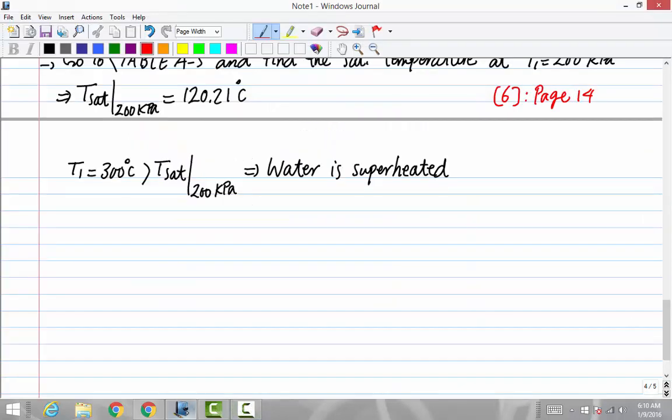Oh, so therefore U1 equals 2808.8 kilojoule per kilogram.